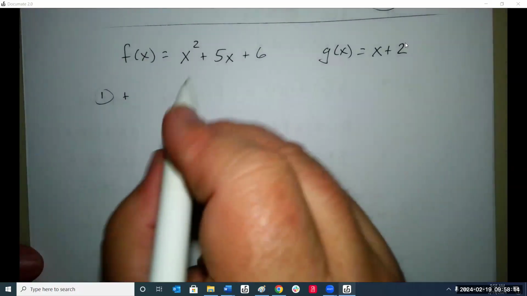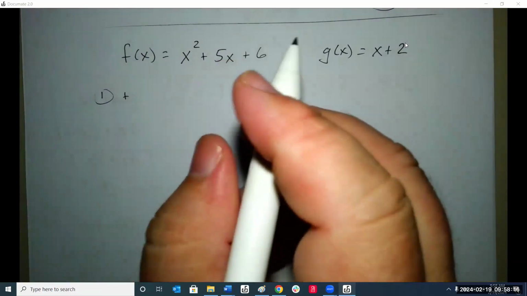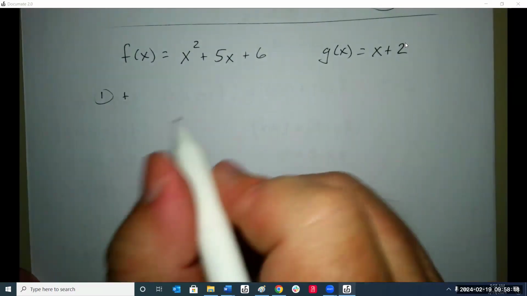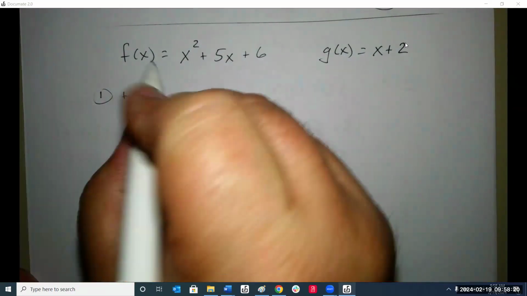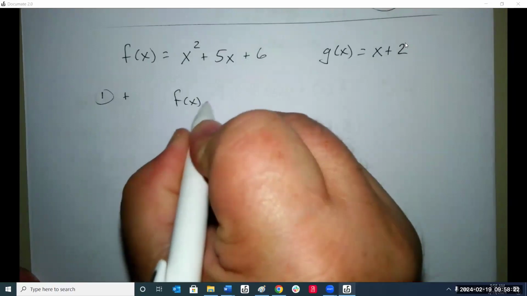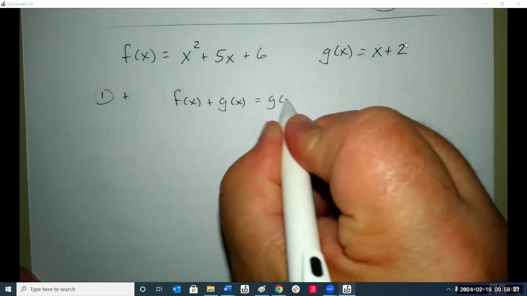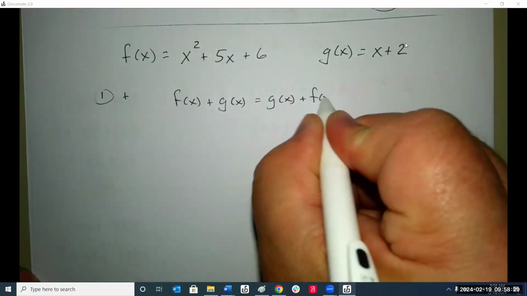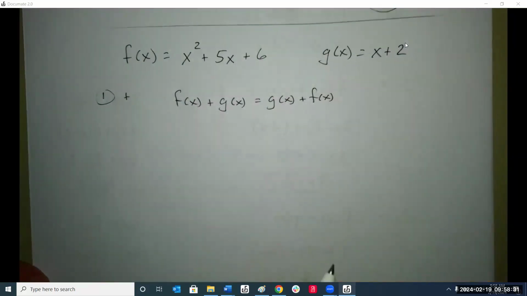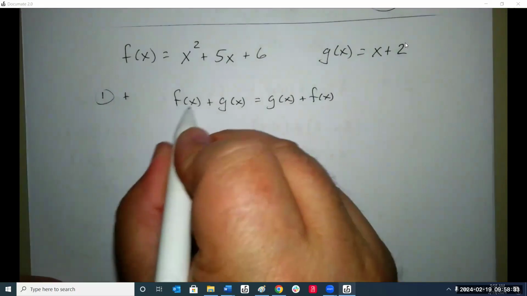The addition. We found out earlier that it doesn't matter which, addition is commutative. So if we do f of x plus g of x, it's going to be the same thing as g of x plus f of x. So you don't have to do both of them. So the first one, f of x.